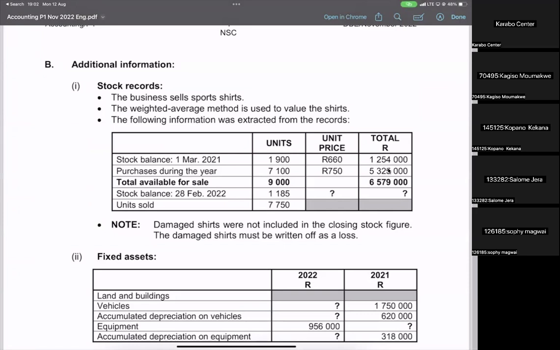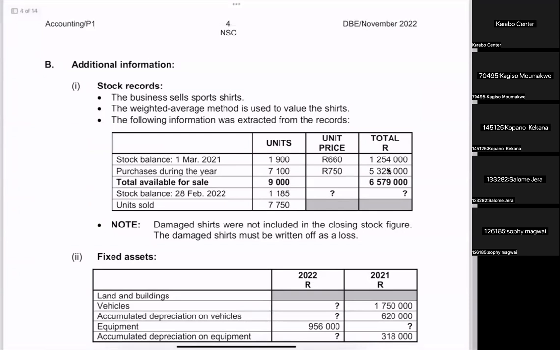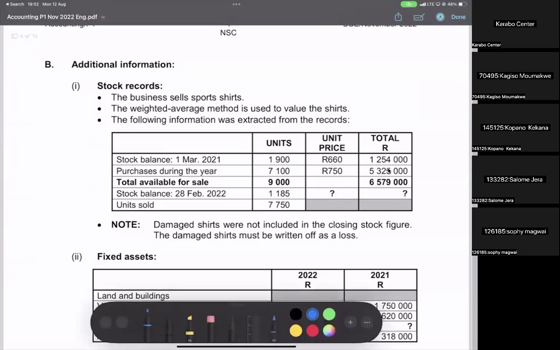As we all know, we have quite a few methods to value stock. We have FIFO, which is first in, first out. Then we have weighted average, and then we have the specific method.